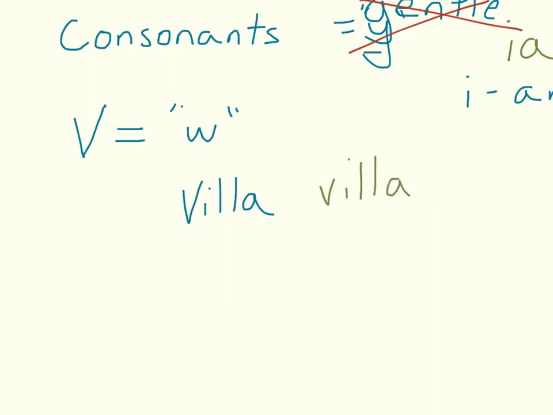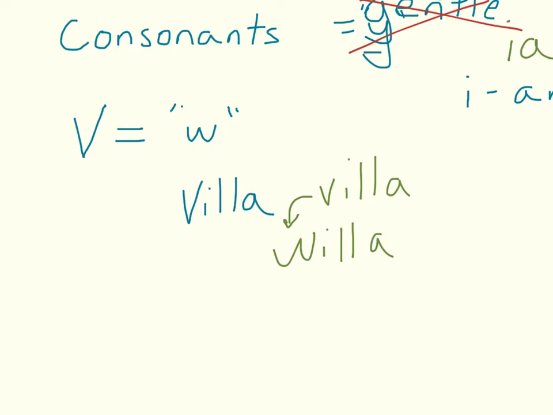Being a good student of Latin, you will pronounce it with a W, as if the V were a W. It's an obvious one, it stands out, but it's difficult to internalize. It might take you a little while to get used to, but in time you will have that down, no problem.